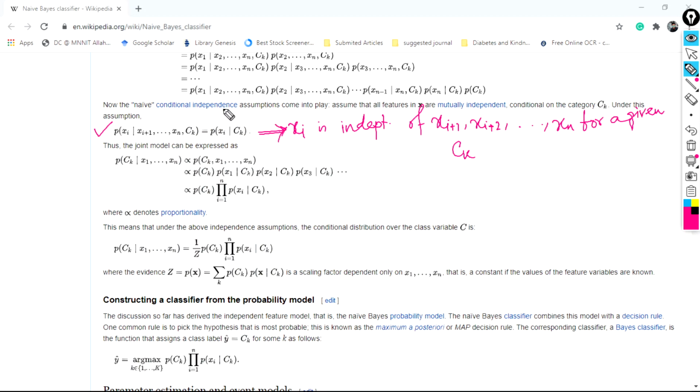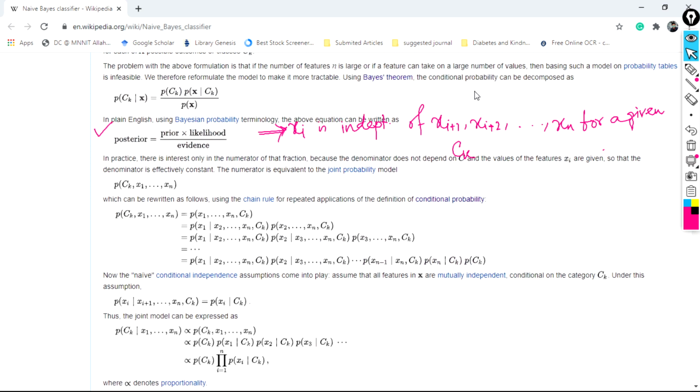Now we are interested in calculating this probability. At the end of the day, we are interested in the probability of CK given a point x, and we have to compare it across all the classes.